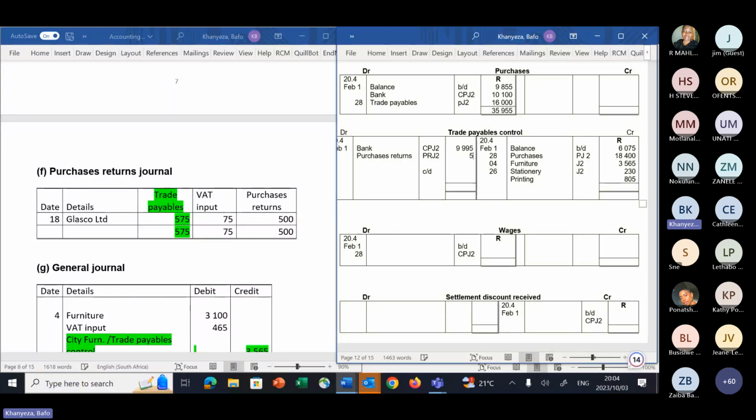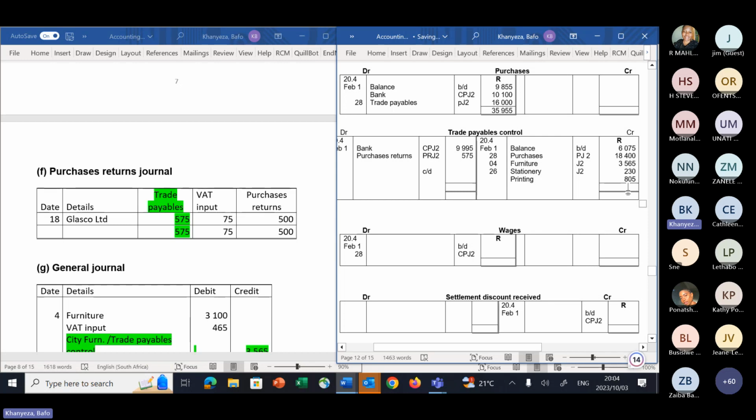That's why we have this column to say trade payables. So purchases returns is a reduction on purchases.